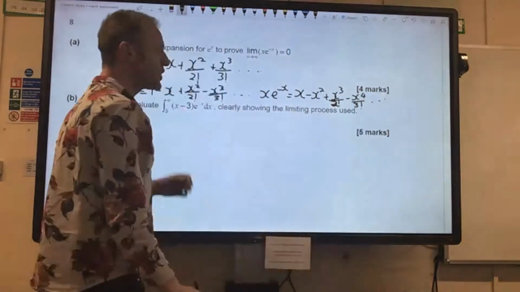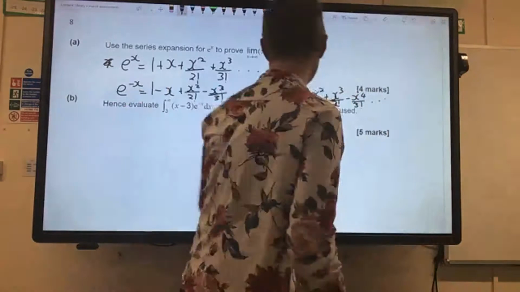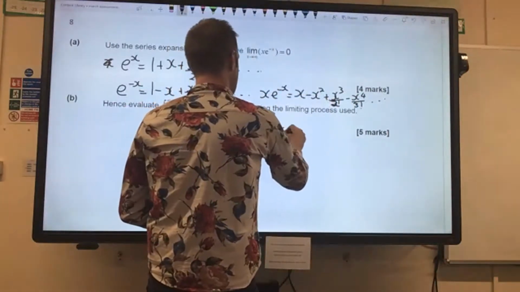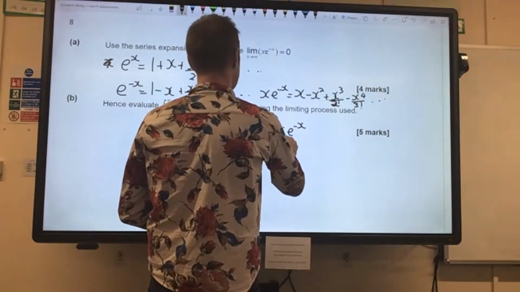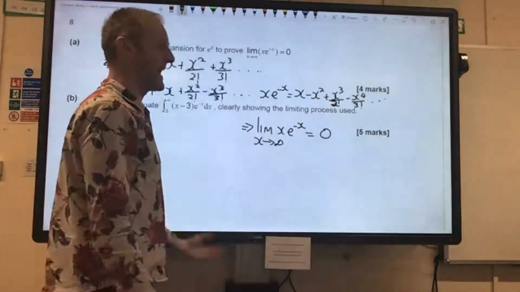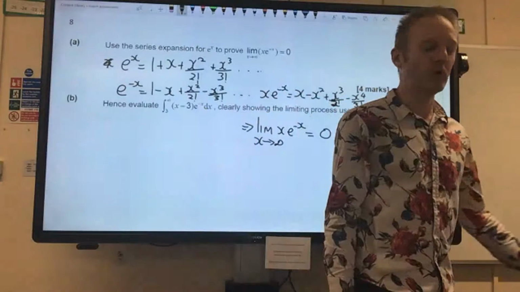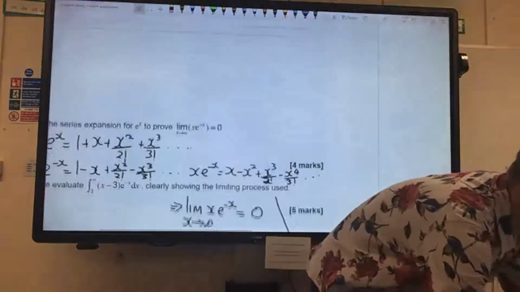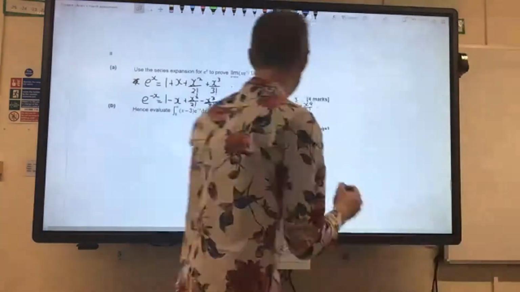And then you can hope that the person who's marking it is a complete idiot and write that the limit of x e to the minus x, as x tends to infinity, equals naught. You could try that. You could hope the person who's marking it was daft as a brush. Can you all see why that's not going to get you any marks for that part?